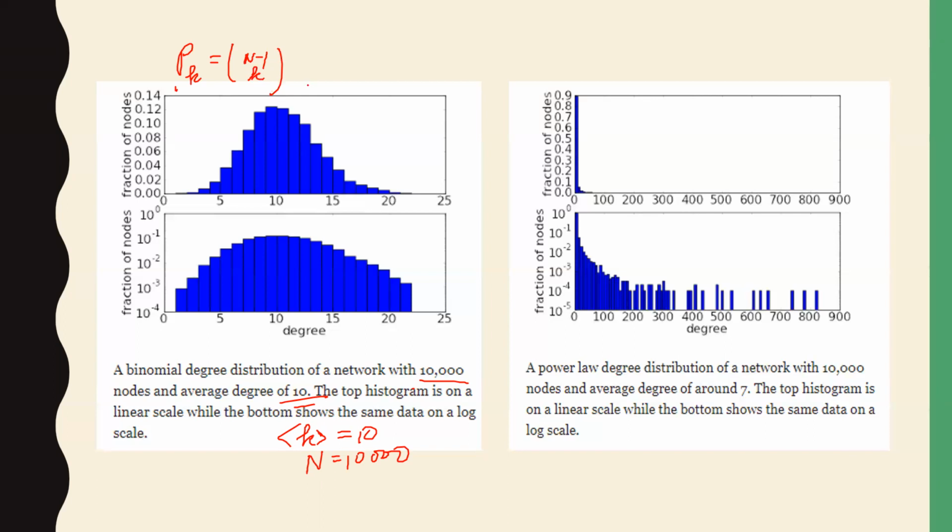I hope you can still read my handwriting. I'm still struggling writing with a tablet, but it's p to the k. Oops, sorry, I can write the k. So it's p to the k times 1 minus p raised to the n minus 1 minus k.